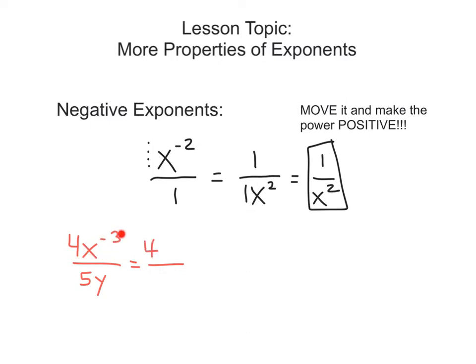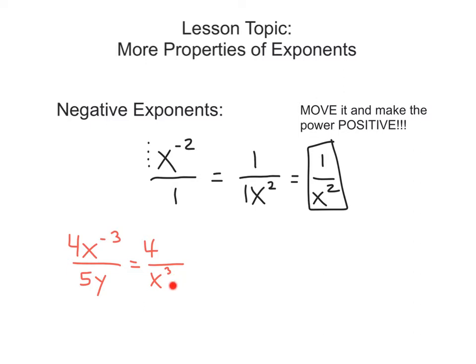Next, x to the negative 3. It has a negative exponent. So we're going to move it. So I move it to the bottom and I make the power positive. Now I look at the 5. The 5, we're going to keep it where it is. It doesn't have a negative exponent, so it's going to stay on the bottom. Now it doesn't matter where you put it. You can put it in front of the x to the 3rd.